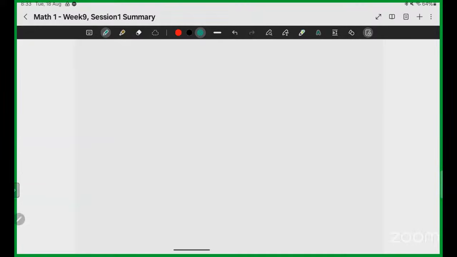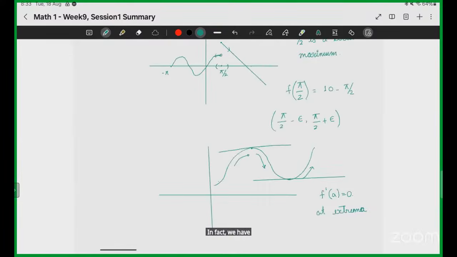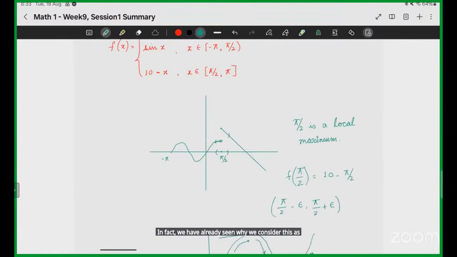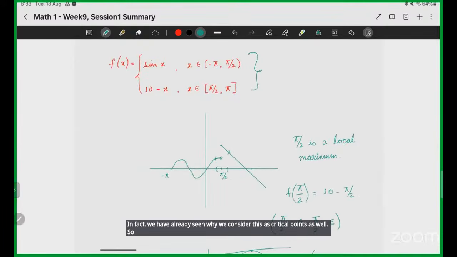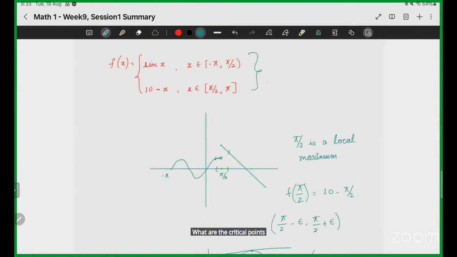So first of all, let's see why we consider this. In fact, we have already seen why we consider these as critical points as well. So if this was the function given to me, what are the critical points? Can someone quickly check what the critical points are?